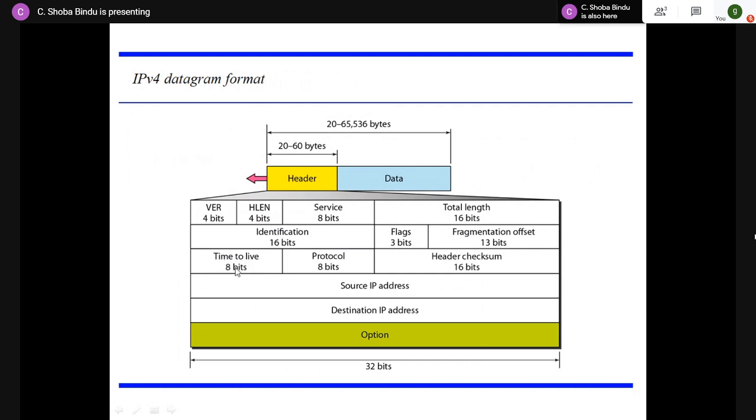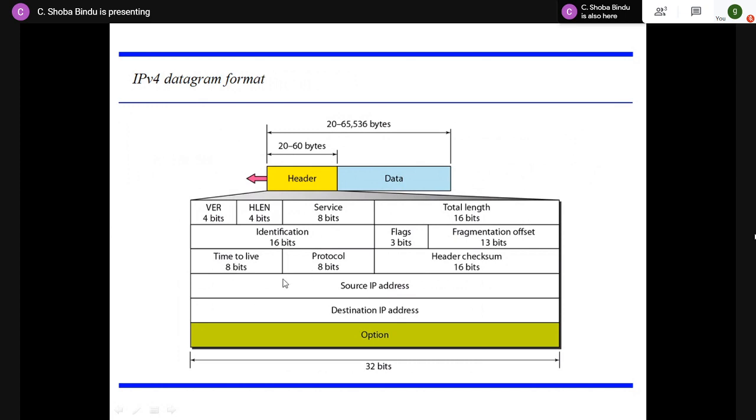This packet may be looping around in the network, and hence there should be an end for every packet, so you go for time to live. Within that time, it should reach the destination. If it hops and creates some loops, you need to have a maximum time for this packet to live here, which you specify in number of hops.